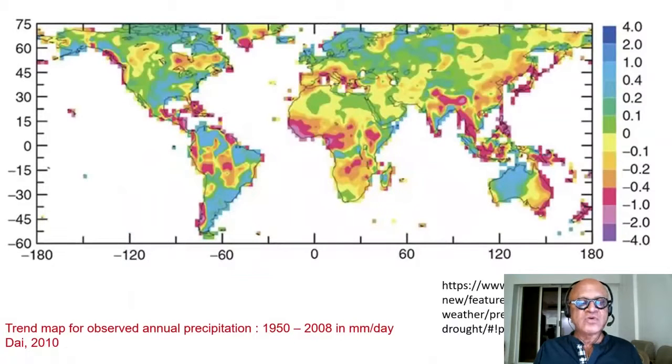The last few things we want to look at are precipitation trends. If we compare temperature trends, which had large patterns with polar amplification, less warming in the tropics and so on, you see many more signals here in the tropics and very patchy signals.